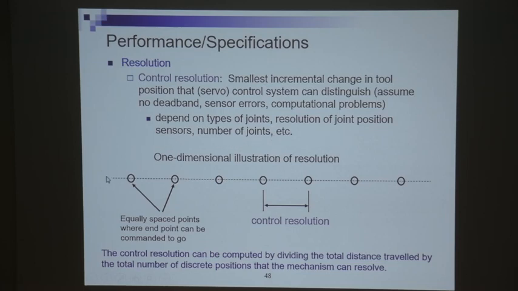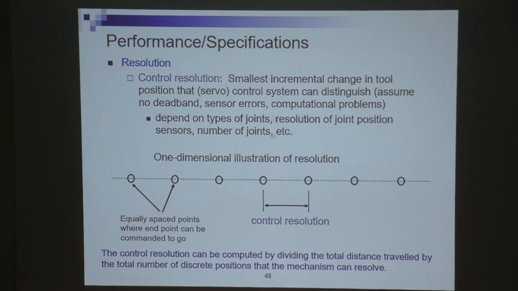For example, in this single illustration, the robot can point at this point, then move to another point, a third point, and so on. These are all equally spaced points. So between these two points, this is known as the control resolution. This is the smallest incremental change in tool position, the tool position that's held by your end effector.